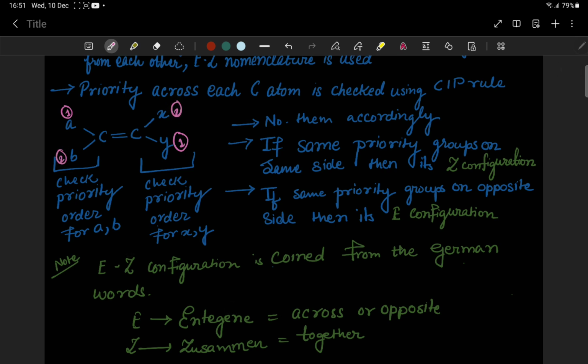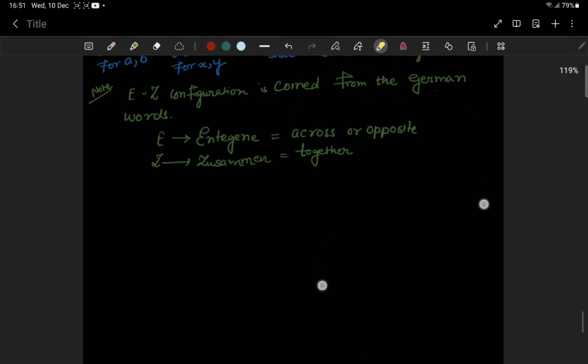So you can see, if I draw the plane, A lies above the plane and Y lies below the plane. So you can see opposite, like the trans. So this is coined as our E configuration, the entgegen E configuration. Fine. This is all about our EZ configuration.